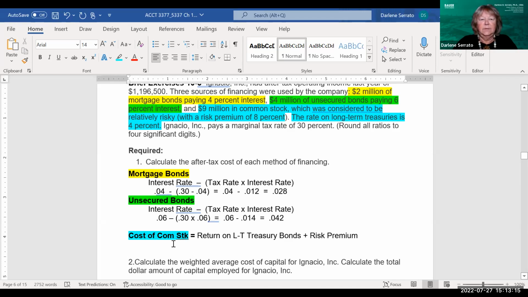Then the cost of common stock, the return on long-term treasury is 0.04 plus the risk factor of 0.08, which equals 0.12.